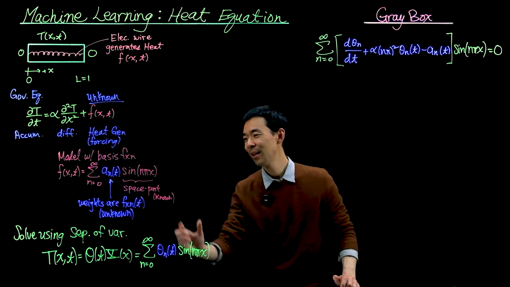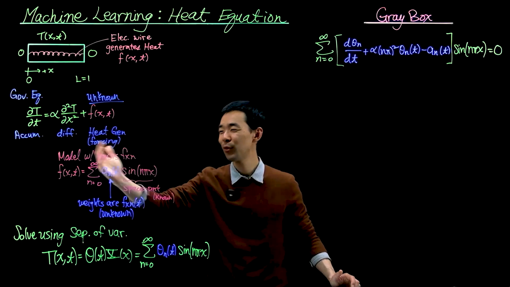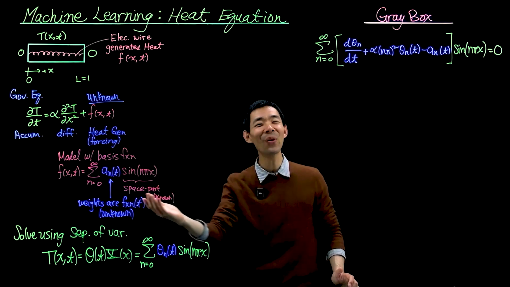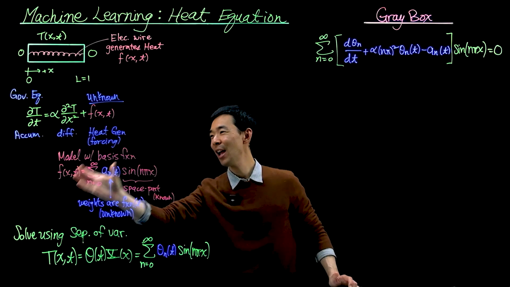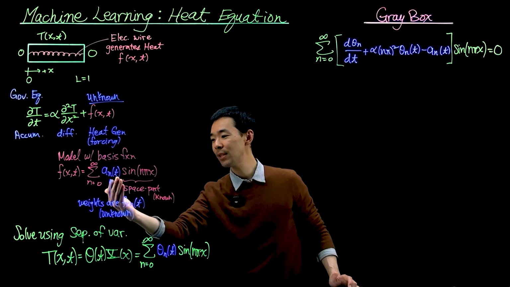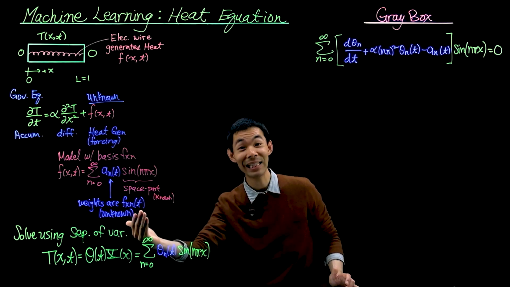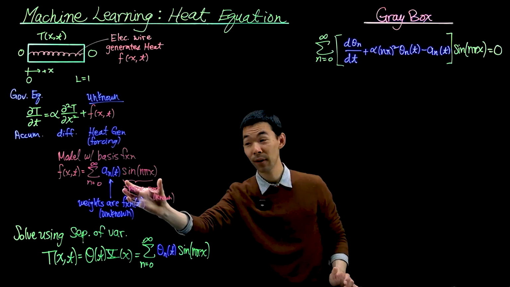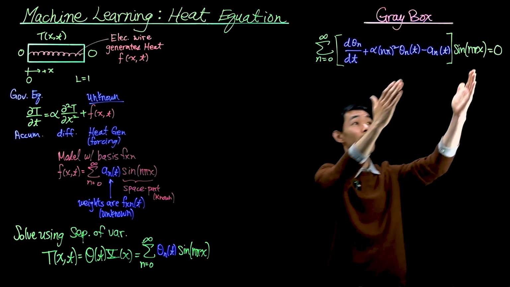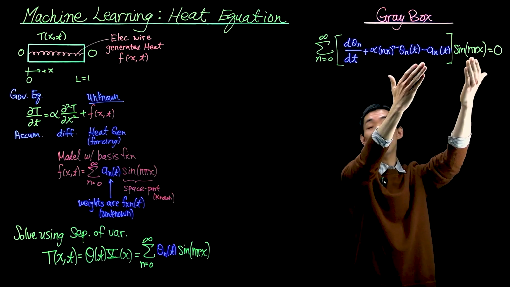Lastly, we have this forcing function f(x, t), which we've now expanded in a Fourier series. So we're going to plug f into here. We're going to have a summation n going from 0 to infinity, a sub n of t, which is our unknown. We don't know what a sub n of t is. We know the space part though, so we're going to plug it into here, and that's this term right here, a sub n of t sine n pi x.